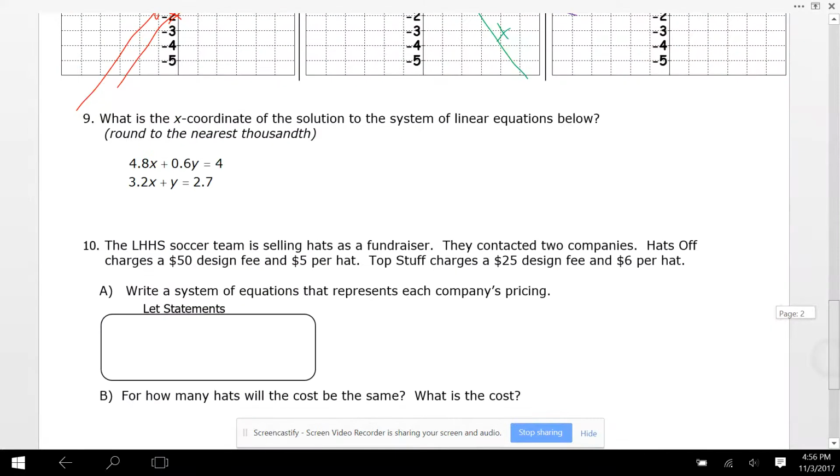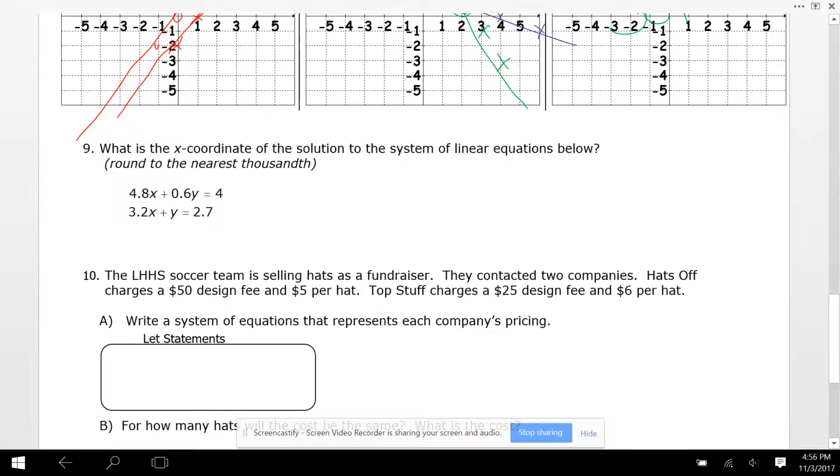Alrighty, that was easy. Okay, so we have a set of linear equations. We just need the x coordinate, but we'll probably end up finding both of them. Okay, so let's do 0.6y equals negative 4.8x plus 4. Divide everything by 0.6.